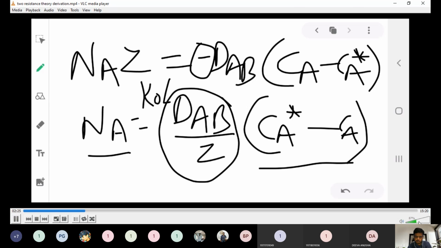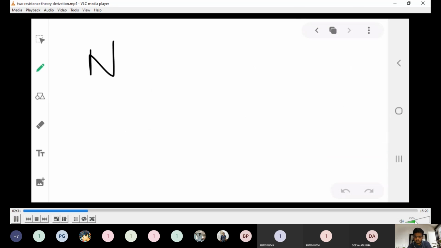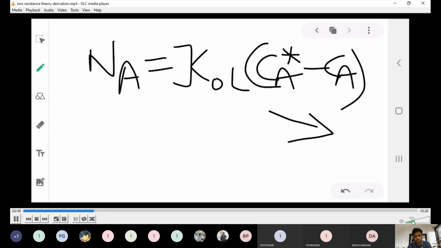Since we are writing this for the overall process of mass transfer, this is the overall mass transfer coefficient. Now we can define Na is equal to KOL into Ca star minus Ca. This we consider equation 1.